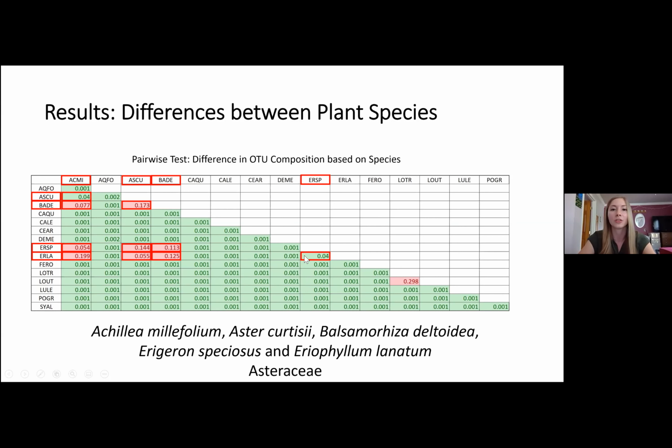The same is true for ursp and urla, where the p-value is technically indicating that there are statistically significant differences in OTU composition, but they're not very strong differences because this p-value is not too much less than our alpha value of 0.05.